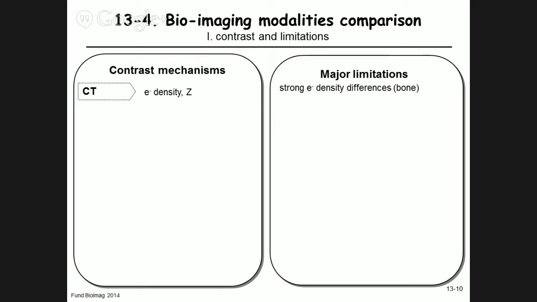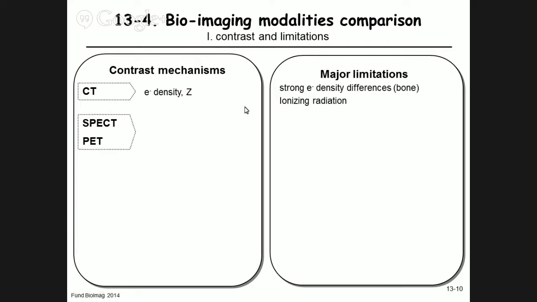So what one needs is strong electron density differences. So the source of contrast, what the contrast mechanism is, has a strong implication on the limitation of the imaging modality, and as we shall see, that's a recurring theme. Another limitation, of course, is ionizing radiation. One cannot use everything that one wants to use.